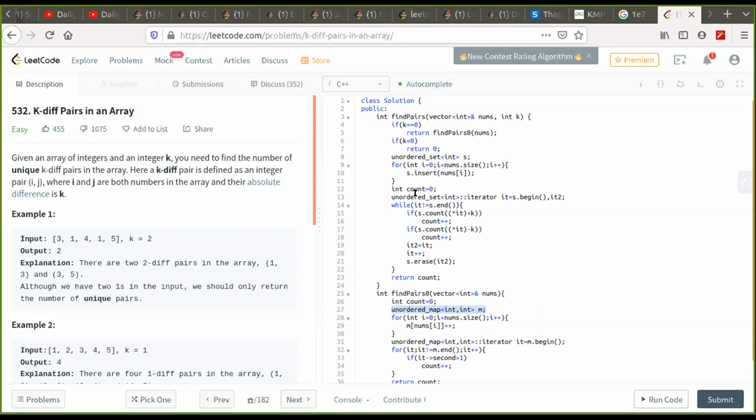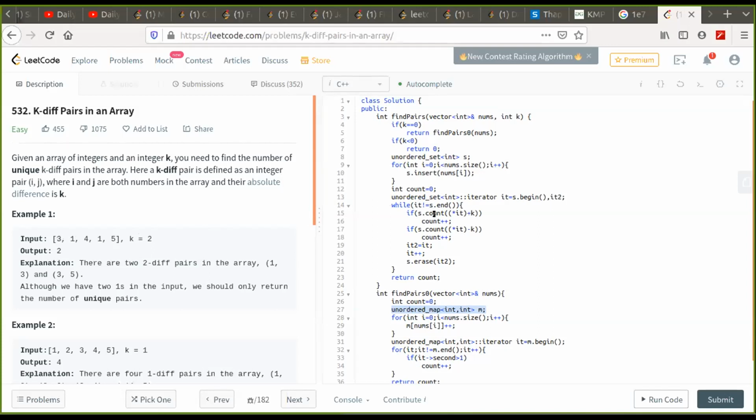After that, I was on the first element here, when it was set to s.begin. So this iterator is pointing to the first element. In the first example, this is 3. Here I am checking it with 3 plus k.